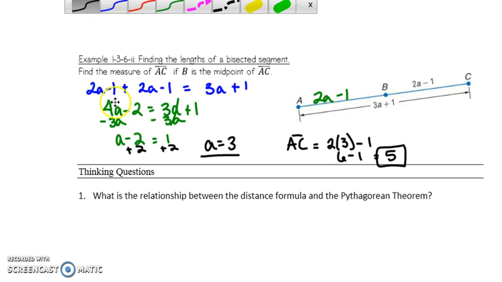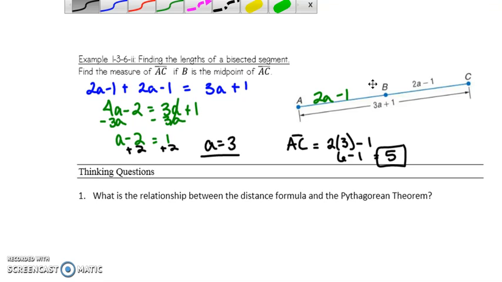All right, so 2a minus 1 plus 2a minus 1 is going to be equal to 3a plus 1. So combining our like terms over here, and then we want to subtract 3a, and then add 2. a is equal to 3, which means if we're trying to find the measure of AC, we want to plug it in... oops, I plugged it into the wrong one. Catching my mistake right here.